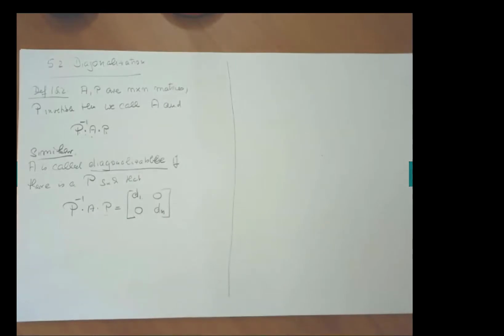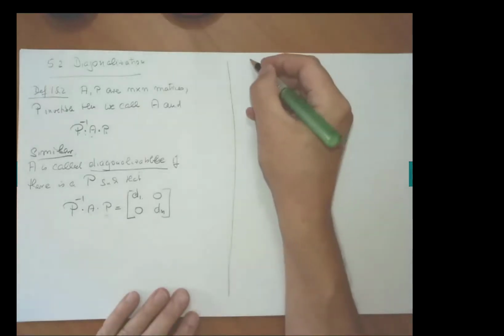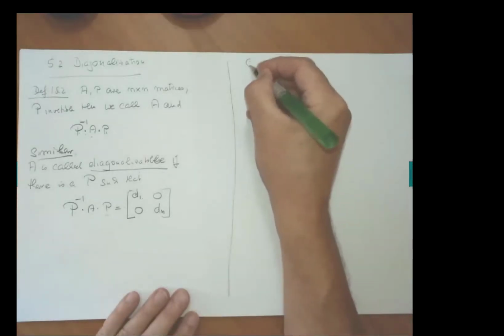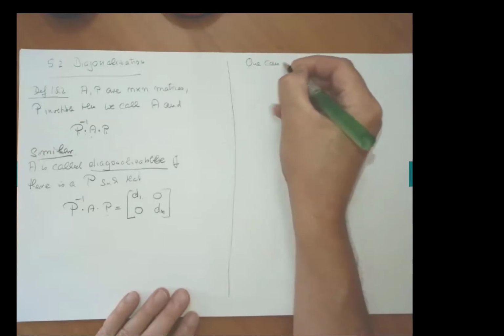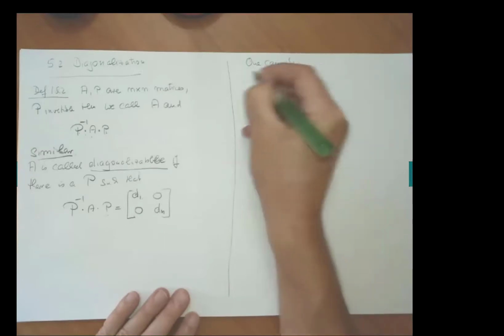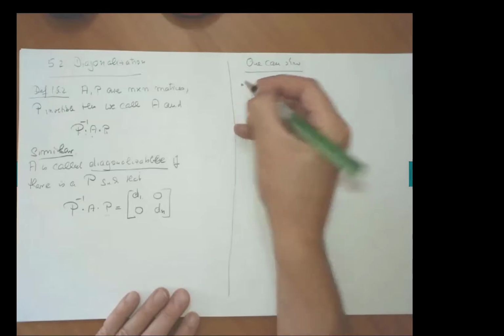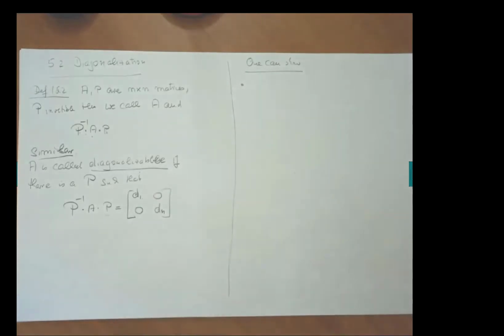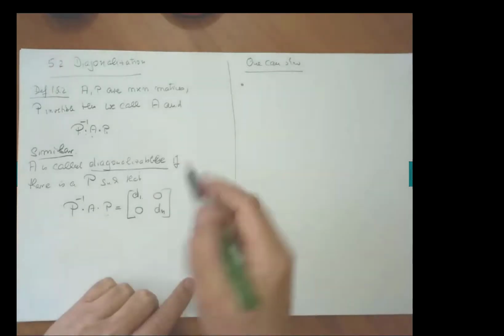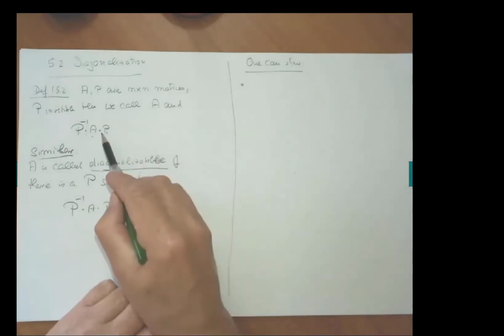Now I have a list of results about similar matrices. None of them is actually complicated to prove. I just like to write them down, and we can shortly think about what's behind why these equalities hold true. It turns out A and this have the same determinant.